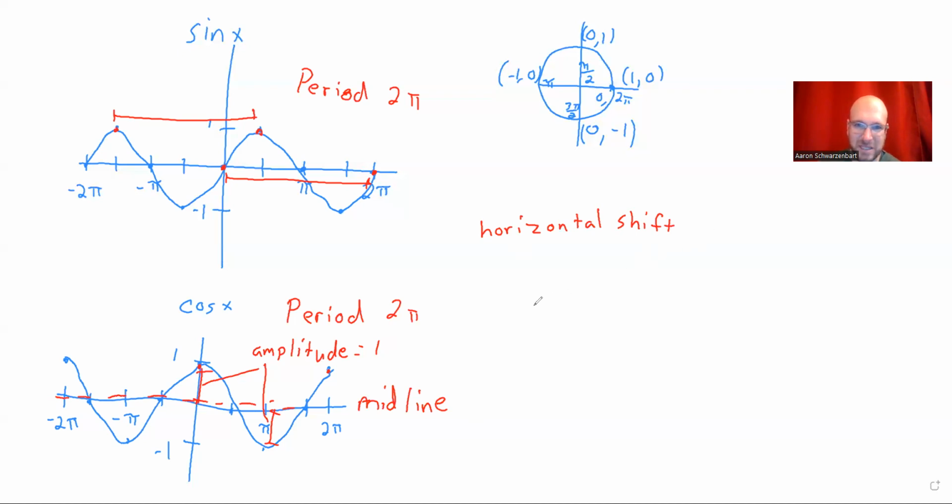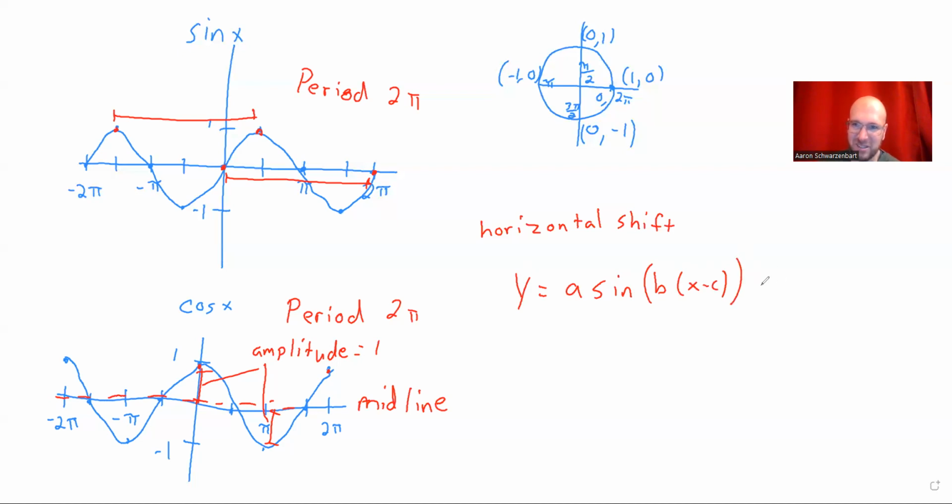Okay. And so when we put these all into the transformation form, the transformation form is going to look like this. Now we're going to have sine or cosine. Now, the transformations work the same. We just start in a different spot. A sine B x minus C. Notice that I do have parentheses.